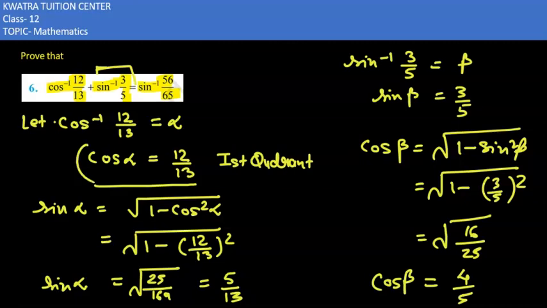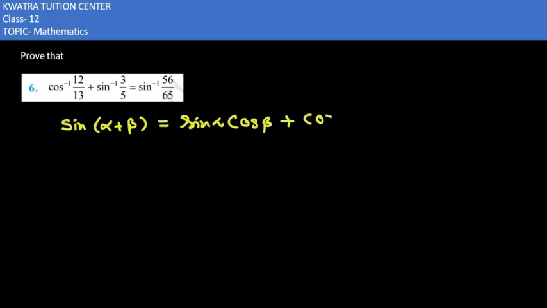So now we have our value for cos alpha, sin alpha, and we have found sin beta and cos beta. What next? So here we will put our values in the sin alpha plus beta formula. So sin A plus B is equal to sin alpha cos beta added by cos alpha sin beta. So now we have to put our values.